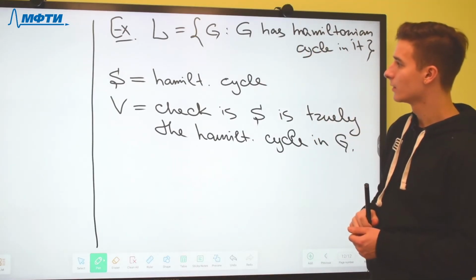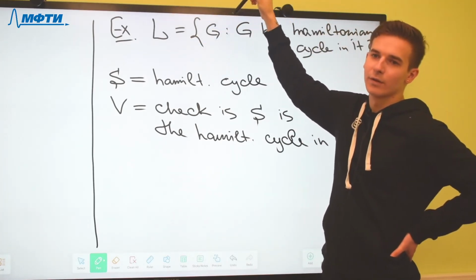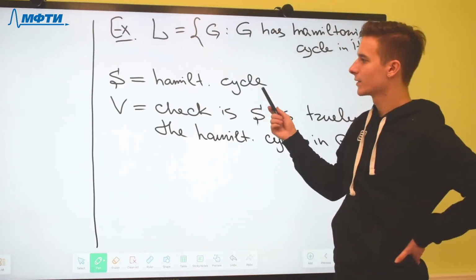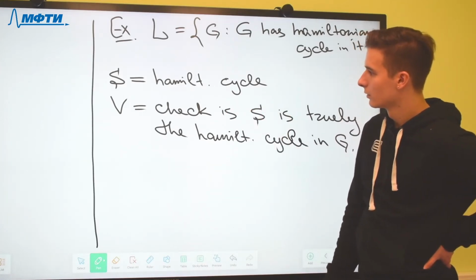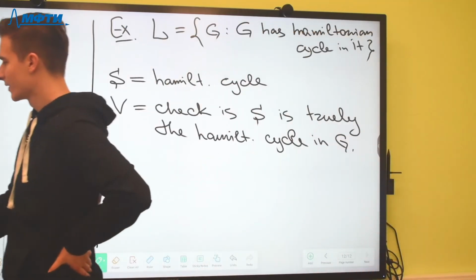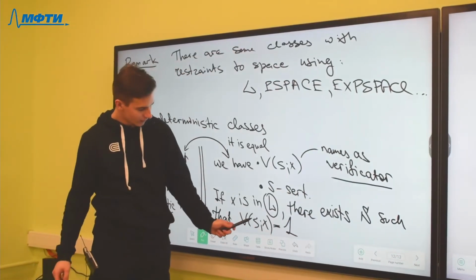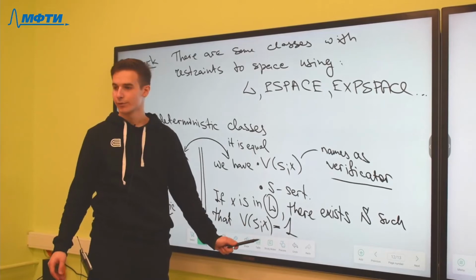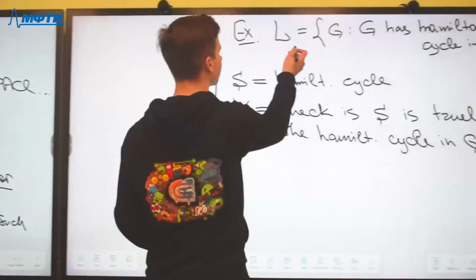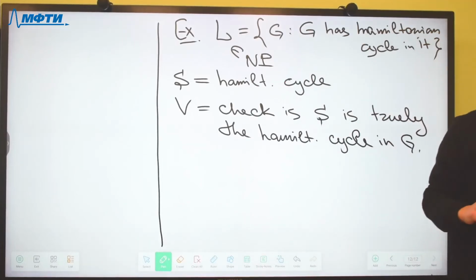We know that for every x from this set, for every Hamiltonian graph, we can find a Hamiltonian cycle, and the verifier says that yes, it is true that S is a Hamiltonian cycle of G. So in this case, this language will be in the NP class.